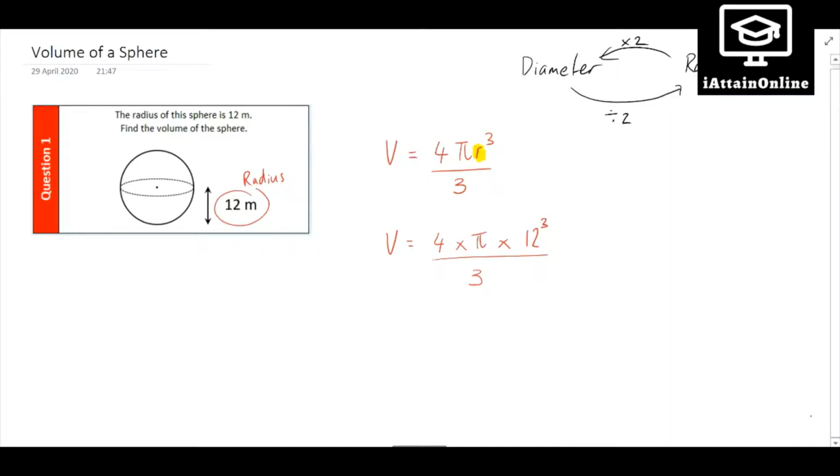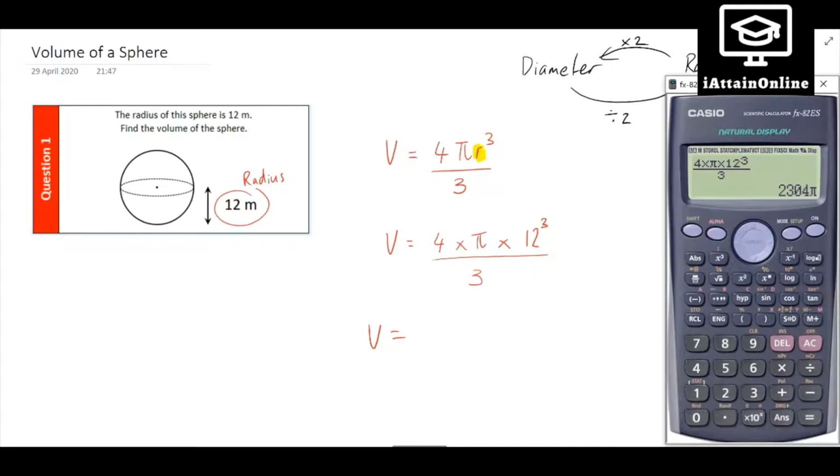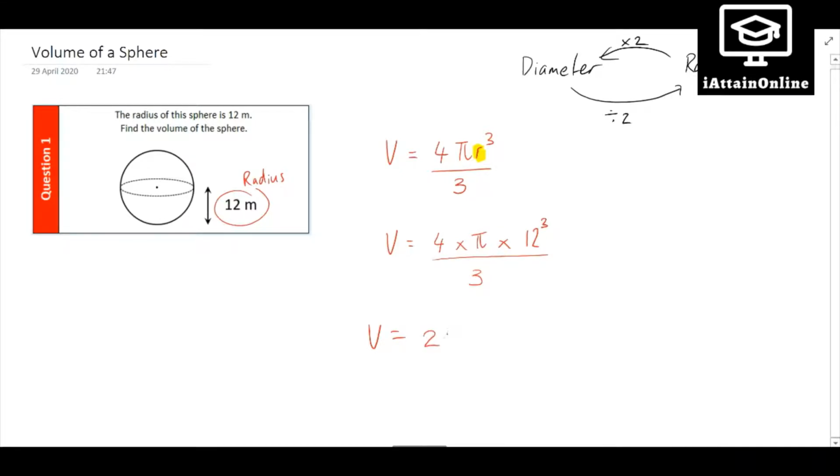It is always a good idea to write 2304 pi. This here is in terms of pi, and that's an exact answer in terms of pi. You must also remember that your units, meters in this case, are going to be cubed because it's volume.